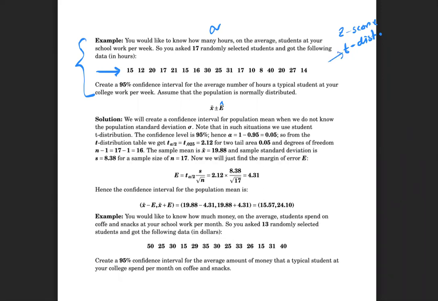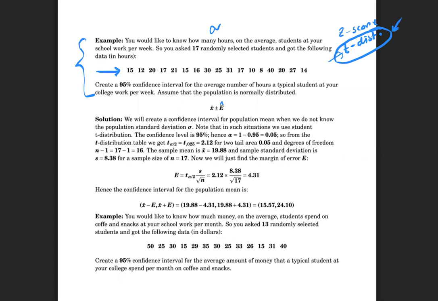By the way, one important fact here I would like to emphasize, so please pay attention. In the real world, we use t-distribution most of the time, because you really don't know the population standard deviation.